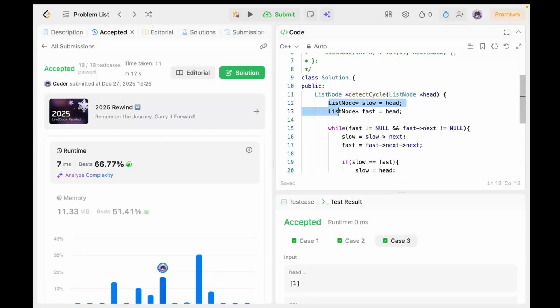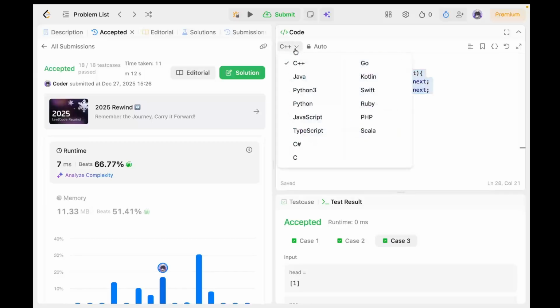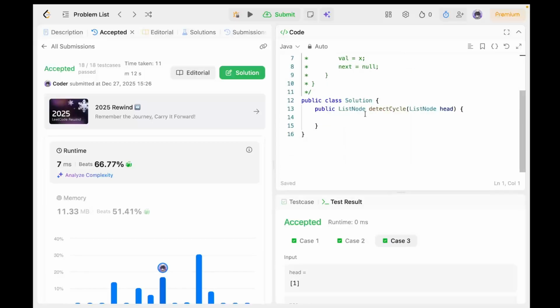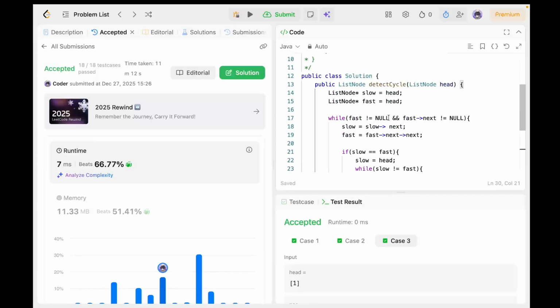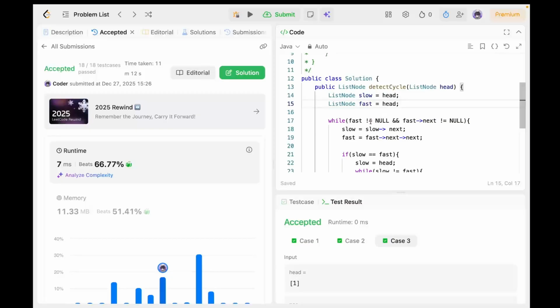For the Java solution, I will copy the whole thing and paste it here. But will it work? No, of course it will not. In Java, we don't have any pointers, and null is the small null.